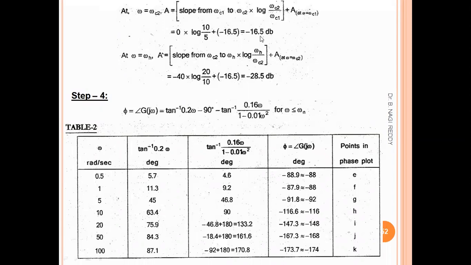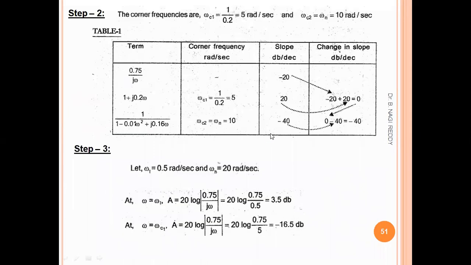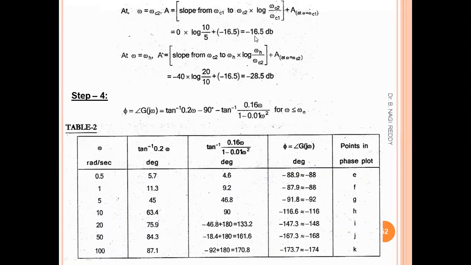Here the previous gain we have got is minus 16.5 dB. So substitute here. So we will get the resultant value as minus 28 dB at omega is equal to omega h. So these 4 gains are used to plot the magnitude graph.